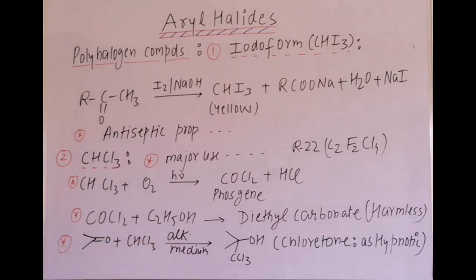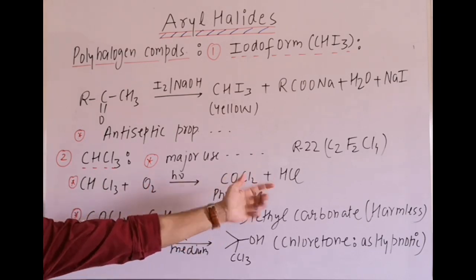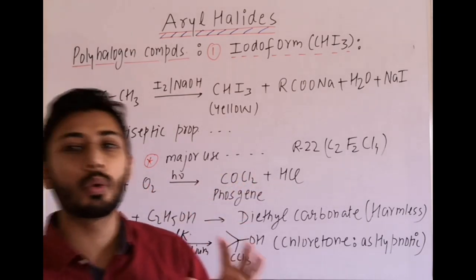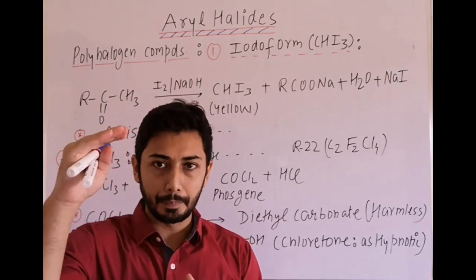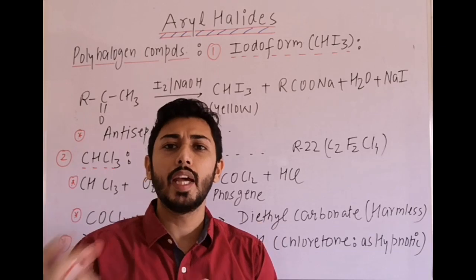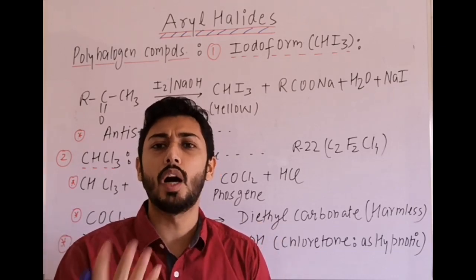So we are here going through that chloroform undergoes aerial oxidation and gives a harmful gas, that is carbonyl chloride, phosgene, plus HCl. That is the reason we keep the chloroform in dark colored bottles and filled up to the brim, right? And if we add 1% ethanol, then this harmful gas converts to a harmless substance.